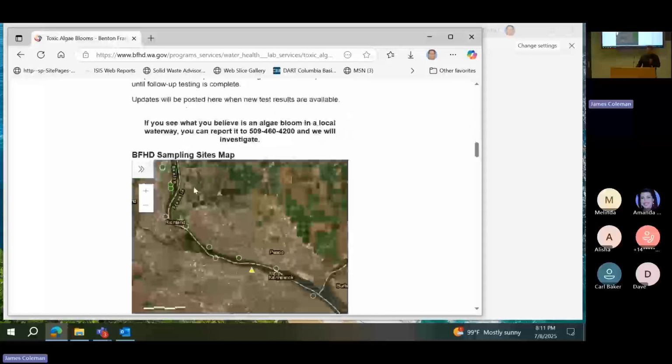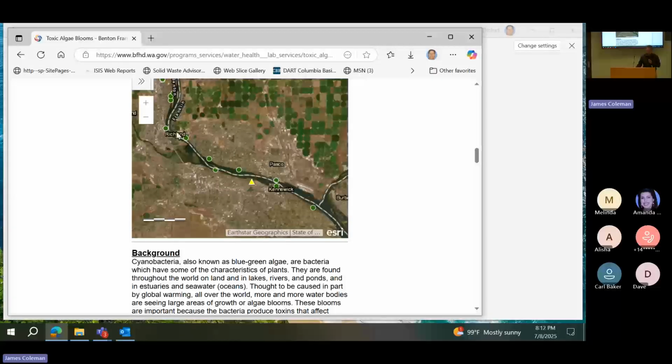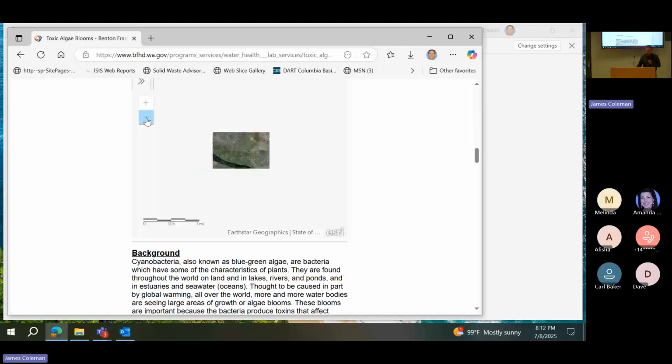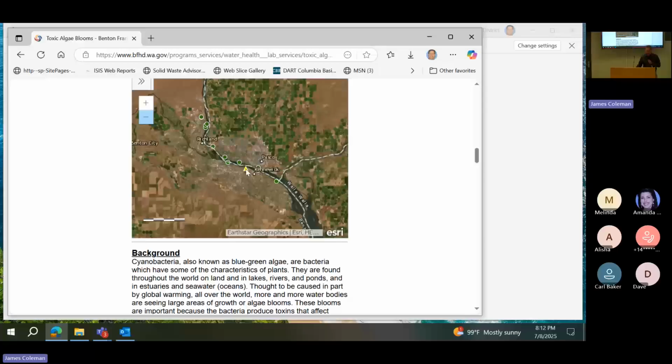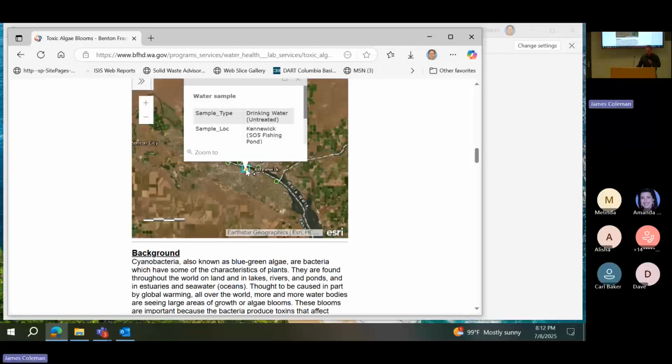And then if you scroll down here, this is where we sample, and you can zoom in and out and click on these. Why isn't the concentration showing up?